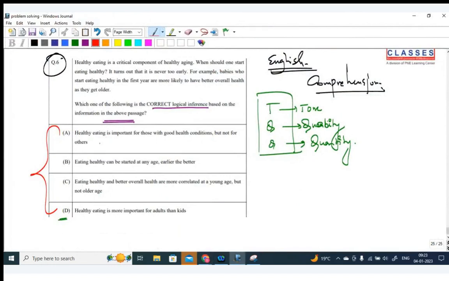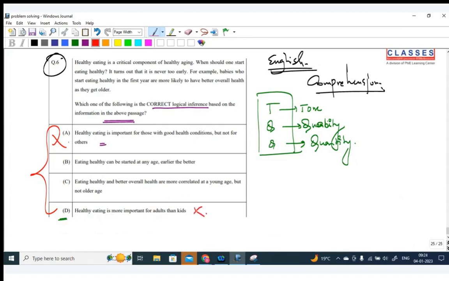So, healthy eating is important for those with good health condition but not for others. This should never be the correct answer, right? Because they are just suggesting in general, right? And healthy eating is more important for adult than the kid. Okay, this is also wrong.